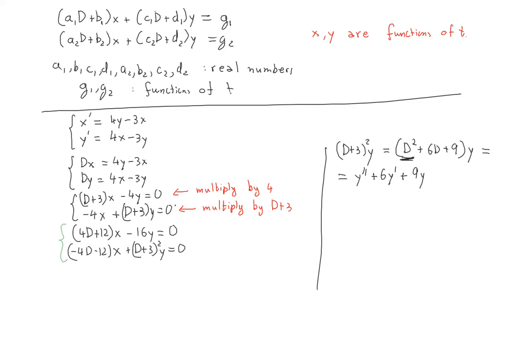Okay, then. So what I'm going to do is simply what I showed you. I'm going to add the two equations together. And when I do so, this is going to cancel with that.